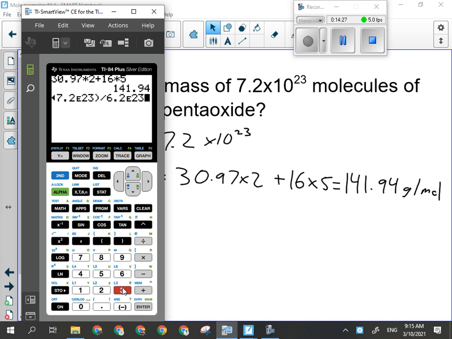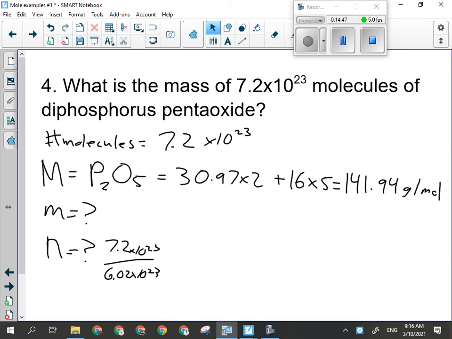You can only do this if they have the same exponent. You can't do this if they don't, you would have to do it the long way. So I get 1.196, so 1.20. I'll write 1.196 for recap.